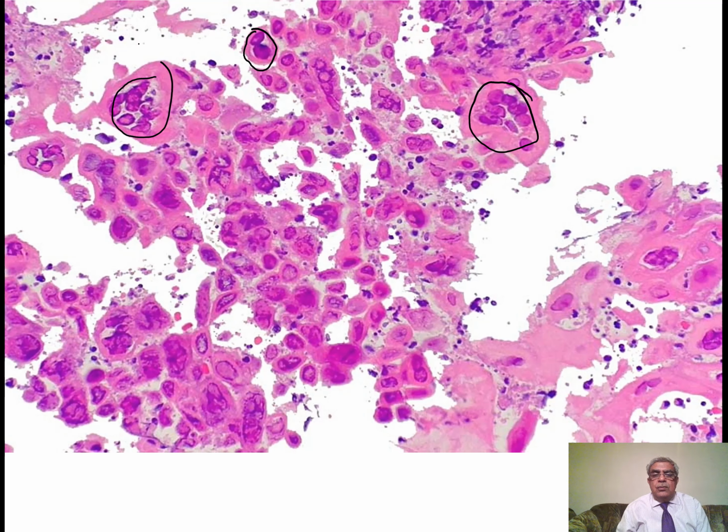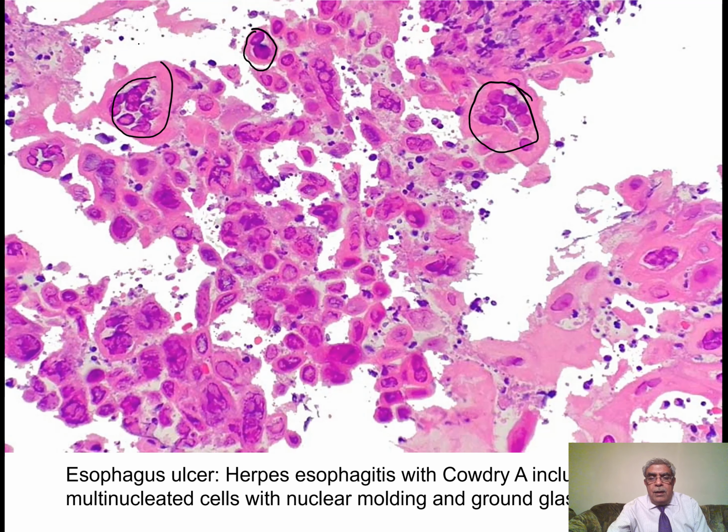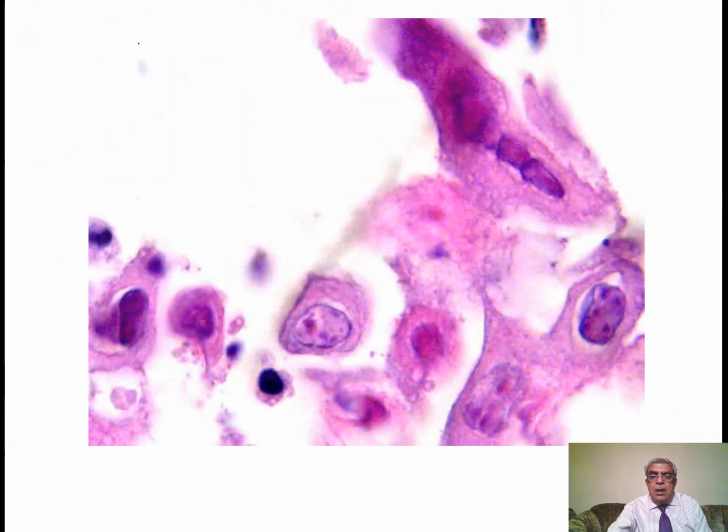Cowdry type A inclusions. Herpes esophagitis with Cowdry A type inclusions and multinucleated cells with nuclear molding and ground glass nuclei. Again, these are ground glass nuclei.